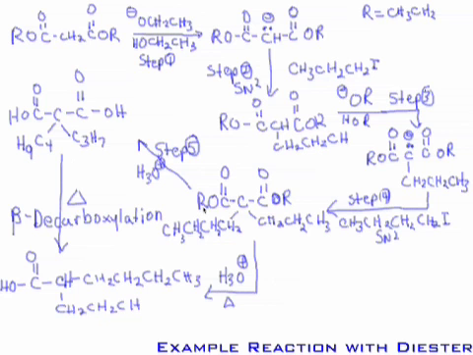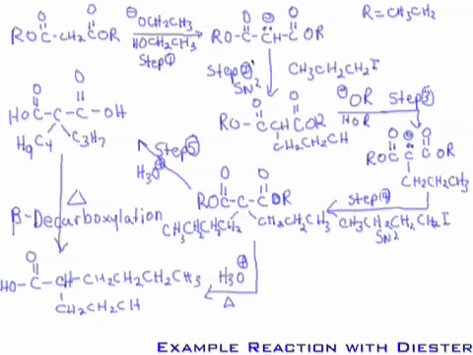And if you do this reaction, enolate carbanions let you make a brand new, fully substituted, large, organic carboxylic acid from a diester. So you can do quite extensive chemistry because of the formation of such a carbanion.